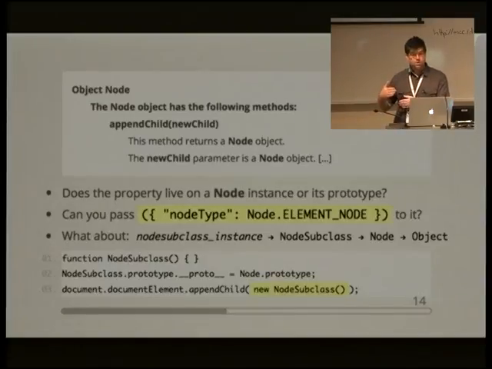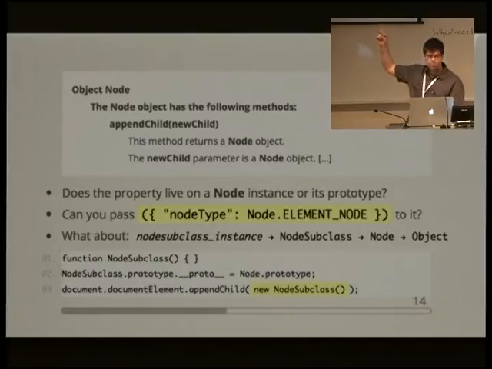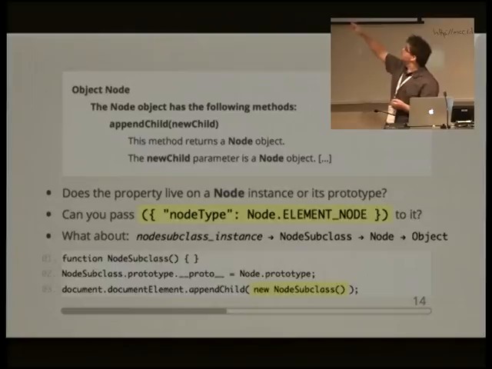Well, you've got the nodes that are provided to you by the browser implementation once your document's been parsed. But what if you pass in your own little JavaScript object which kind of looks like a node? We give it a nodeType property. Is that sufficient for it to be considered a node? Or what if you make it inherit through a prototype chain the actual real Node prototype? Does that count as a real node when you pass it in?